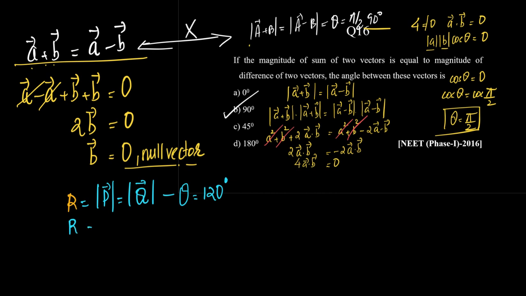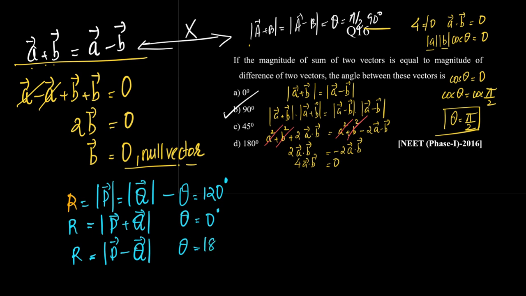If the resultant is equal to modulus of p plus q or a plus b, then the angle between them is 0 degrees. If the resultant is equal to magnitude of vector p minus vector q or vector a minus vector b, then the angle between them is 180 degrees.